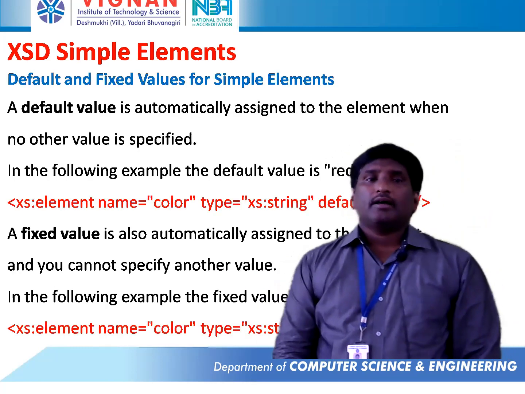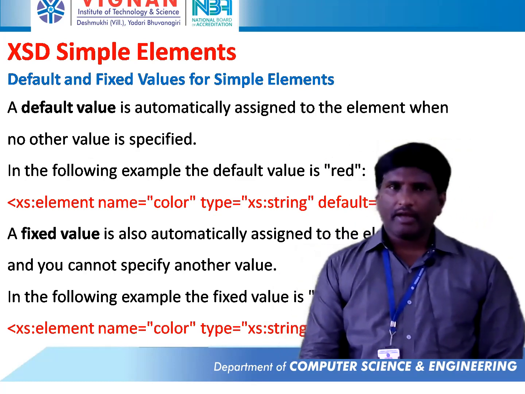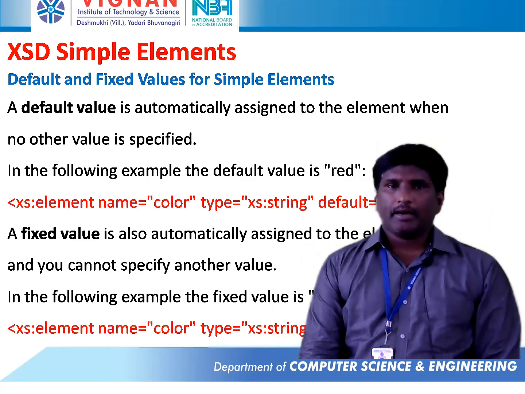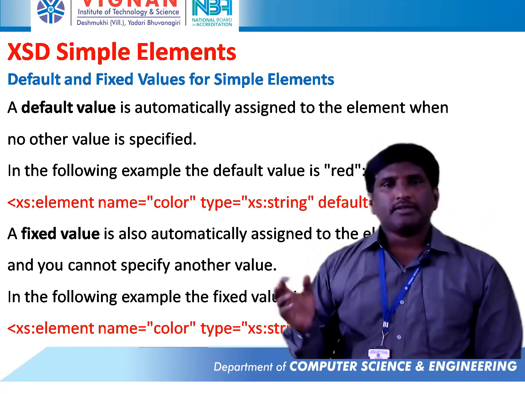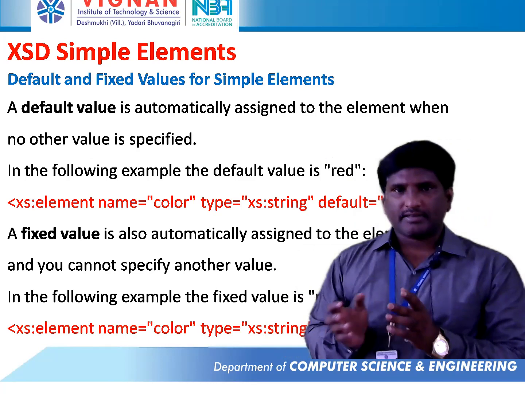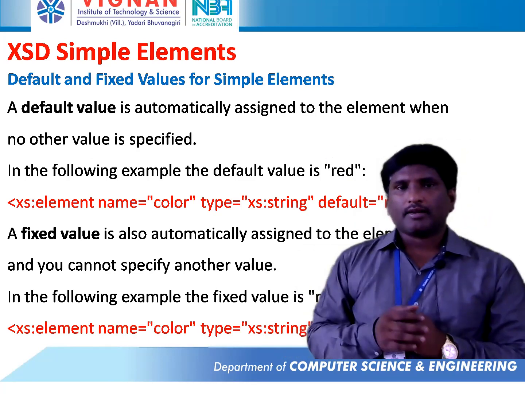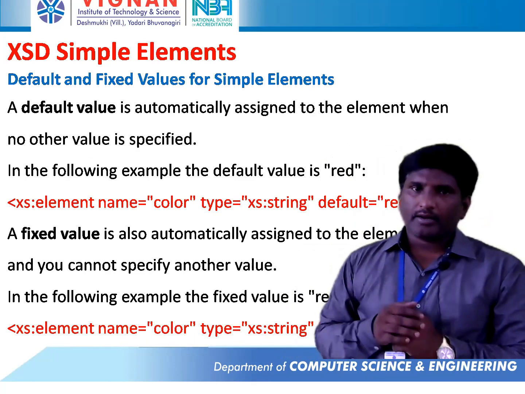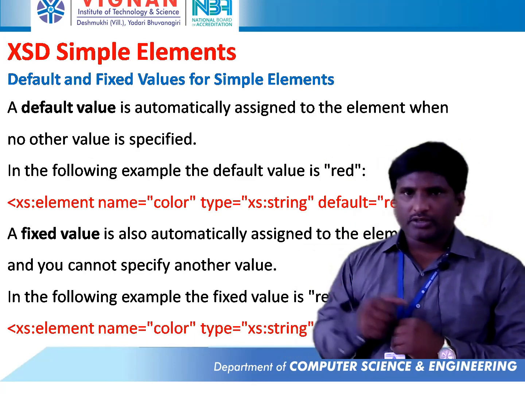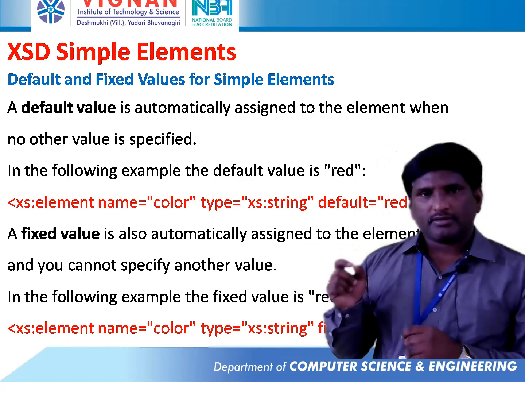And default and fixed values for simple elements we can define. The default value is automatically assigned to the element when no other value is specified. In the following example, the default value is red. So here, xs:element name equal to color, and the type is string, which accepts text, and the default value is red.